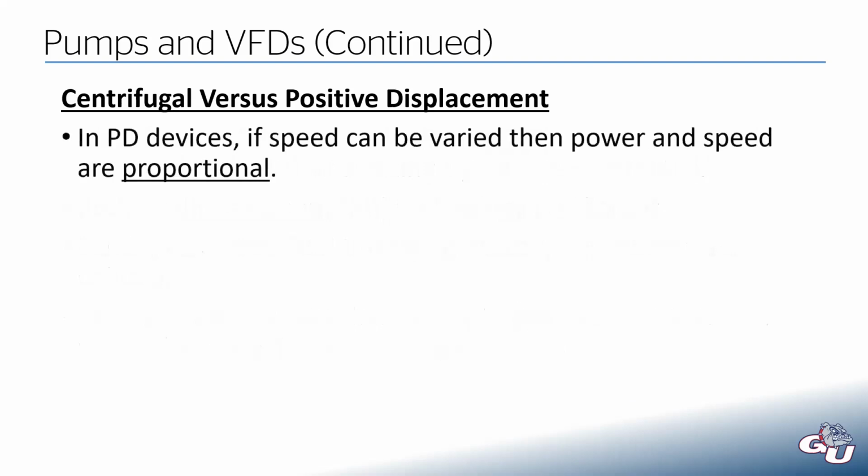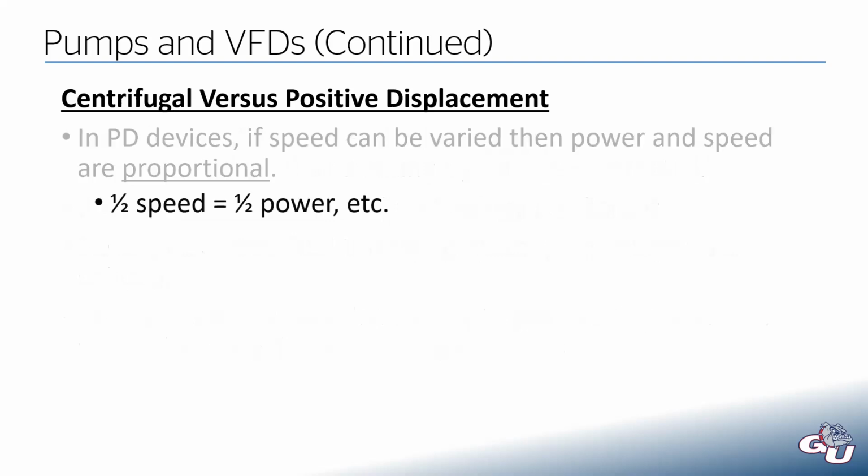If you have a PD device, you can still vary the speed. There's no reason you can't. If you have a speed control device on it, then the power and the speed are going to be proportional. So half speed equals half power, quarter speed equals quarter power, etc.